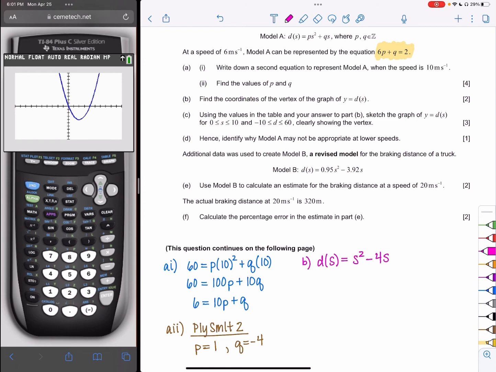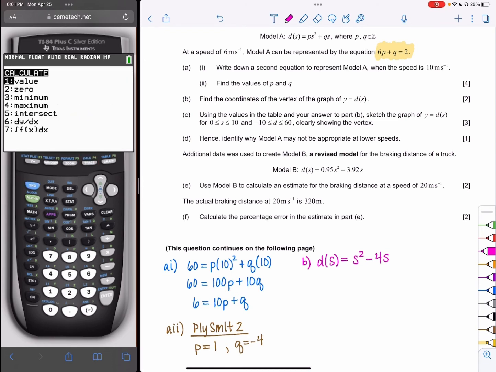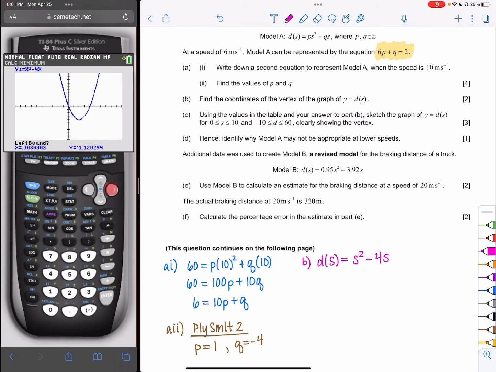So if I want to find my vertex, I know that that is a minimum. So I'm going to go to the left side and press enter, and then go to the right side of it and press enter again. As you can see here, my minimum is approximately 2.0000008, and then -4.